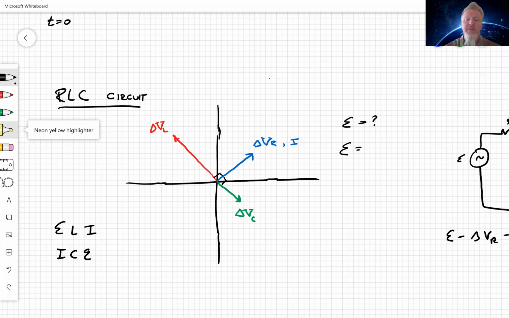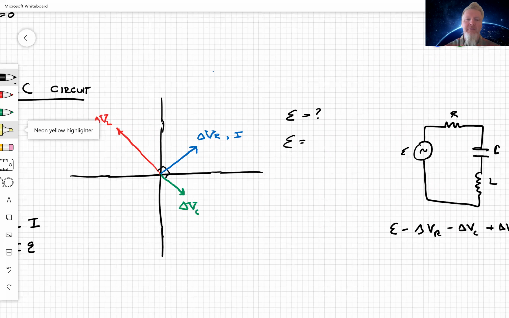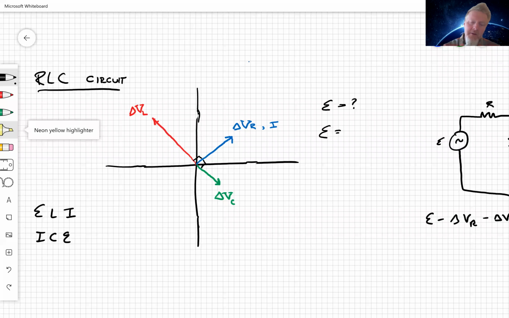So the VC of the capacitor is opposite the VL. I'm going to take the VL and the VC of the capacitor, and it's only about that big. Since they're aligned directly on a line, I can just add them straight, which means the total is VL minus VC.